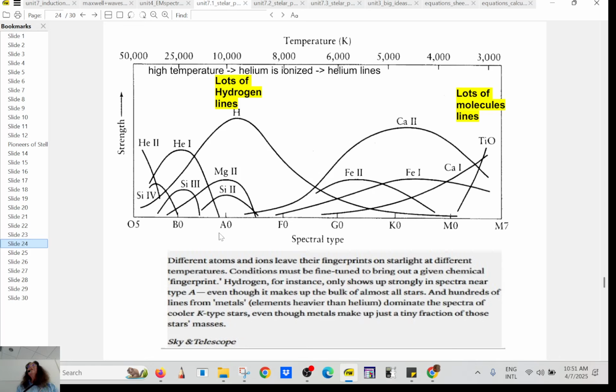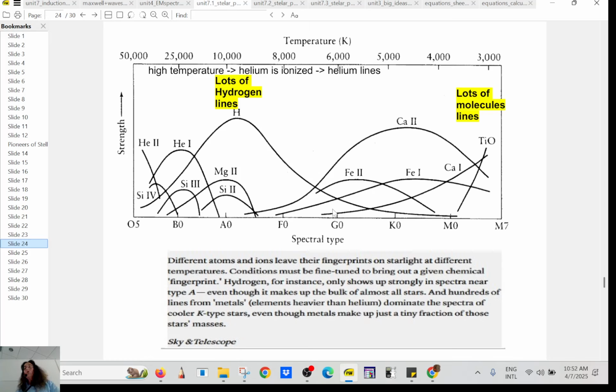And then he understood that an A star, which is a little bit cooler than an O star, is going to have just enough energy for electrons in hydrogen to go to a higher level of energy and then to come down. So that's why you're going to have a lot of hydrogen lines.